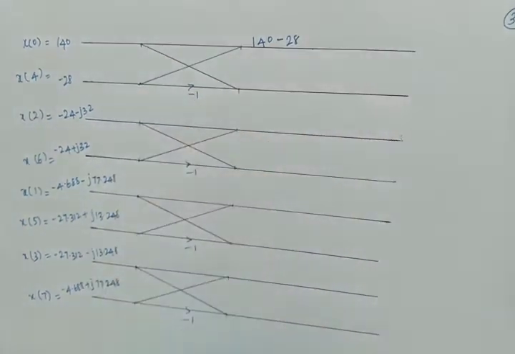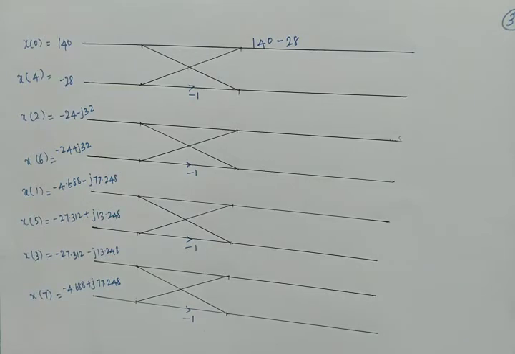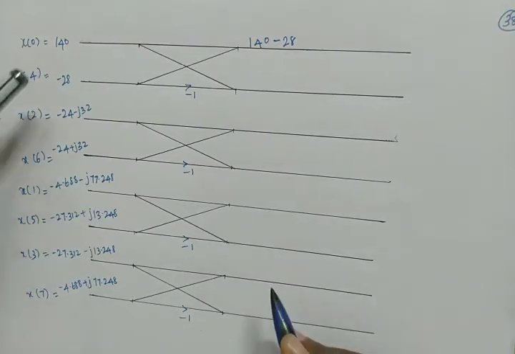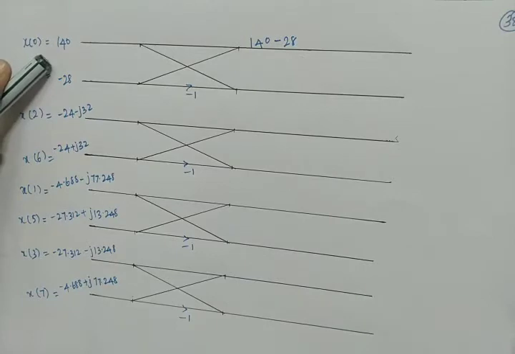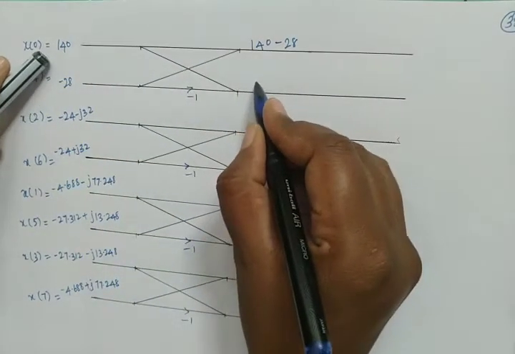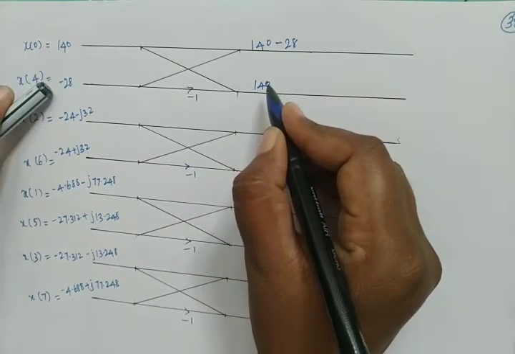I have not written the twiddle factor because I am repeating the same thing. Here we have W8 power 0 as the twiddle factor, and W8 power 0 is equal to plus 1, so no need to represent that. Now check this line. Here it is 140 and here we have minus 28.